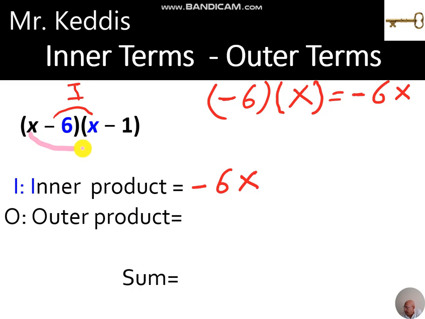This is the outer term, which is negative 1 times positive 1x. Also negative times positive, I get negative, and negative 1x or negative x.